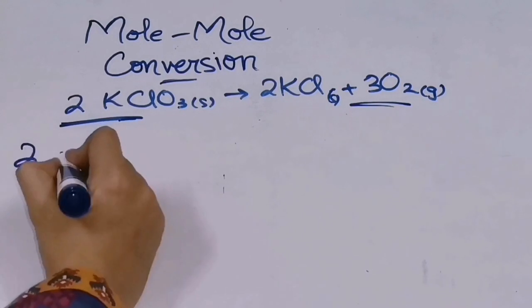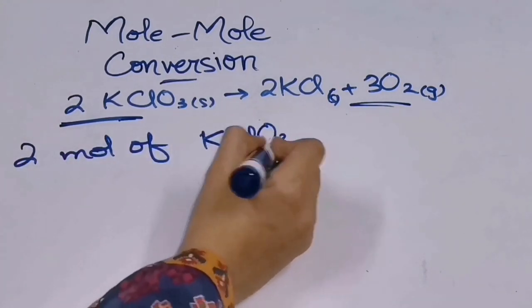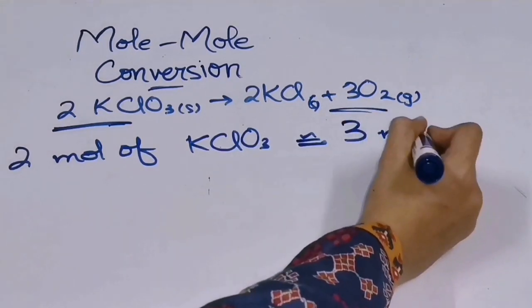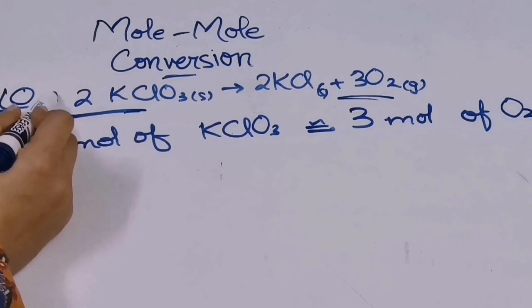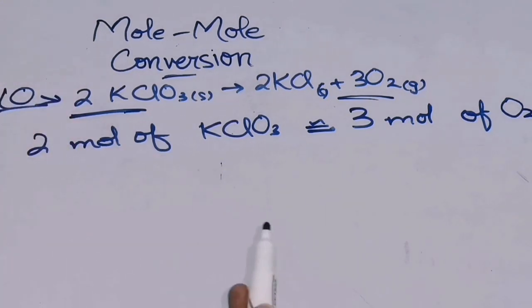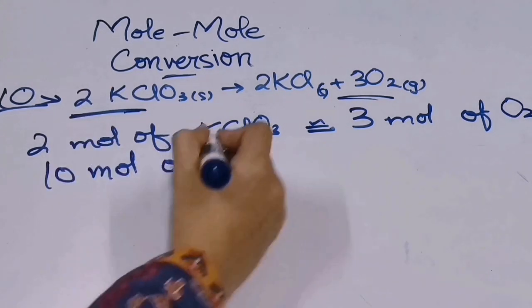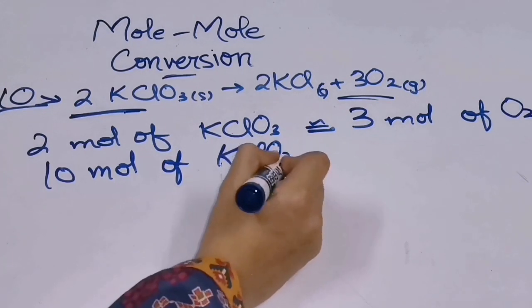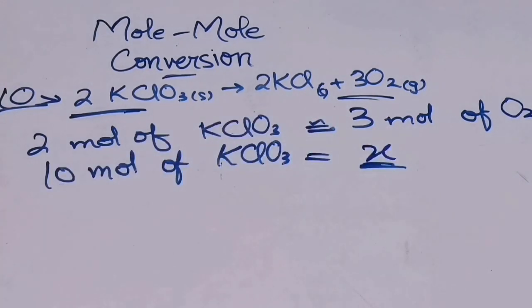From the reaction we will compare KClO3 and O2. We will write 2 mole of KClO3 and 3 mole of O2. Now what they said is that we are having 10 moles of KClO3, then how many moles of O2 will be formed? So here we will write 10 mole of KClO3 and over here X. We have to find this value.